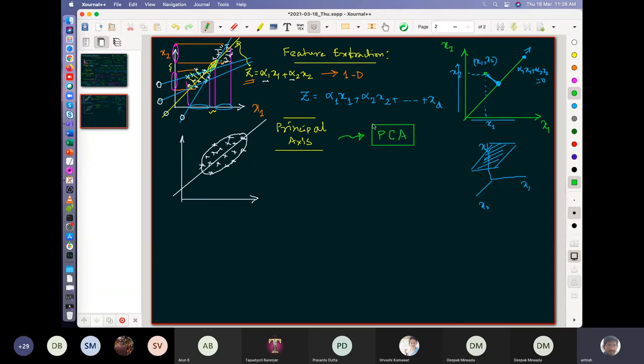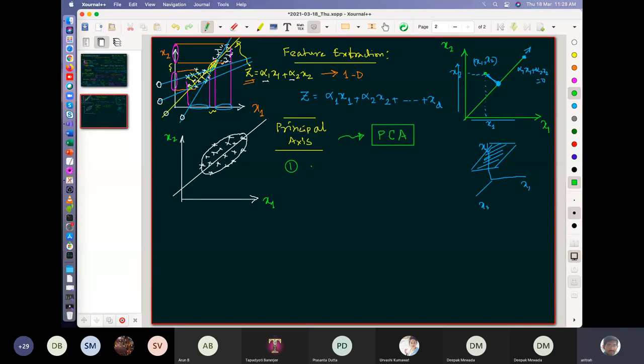It's purely based on statistical features, and you can easily understand the intuition. Step number 1: for all the points, I compute the mean. This is x1 and this is x2, and there could be many dimensions.